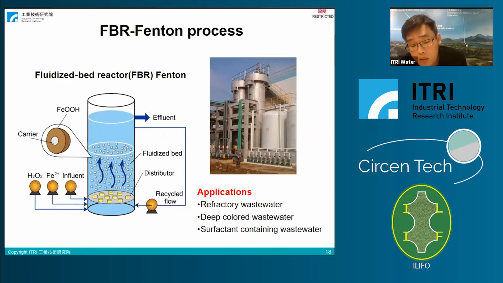It could decrease over 60% sludge compared to traditional Fenton method. FBR-Fenton could be used for treating refractory wastewater, deep colored wastewater, or the Fenton containing wastewater.